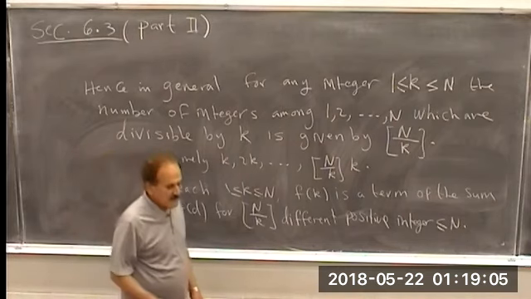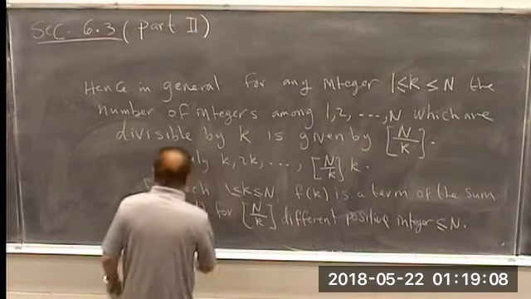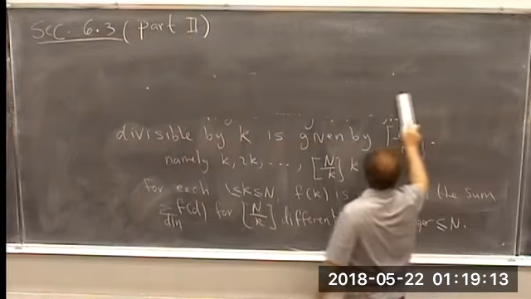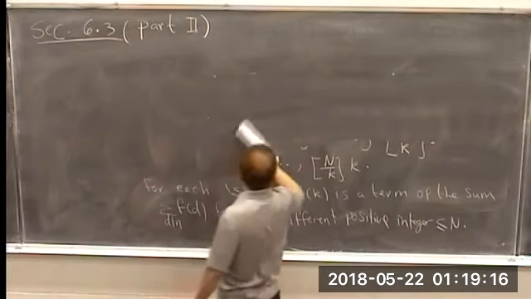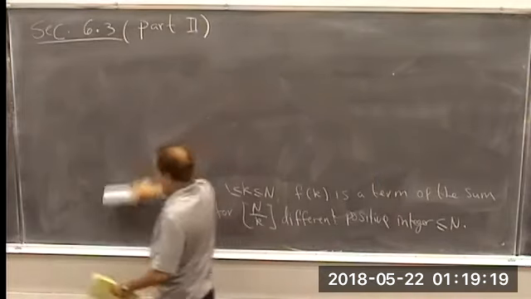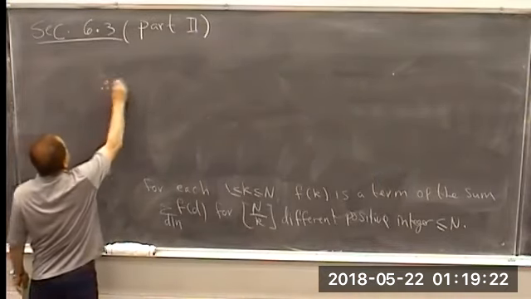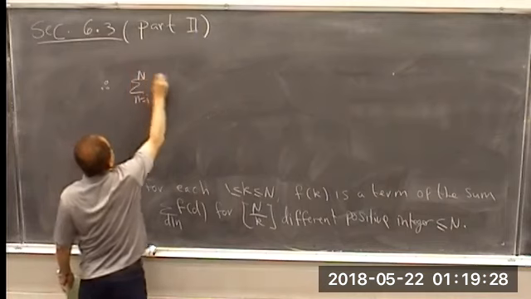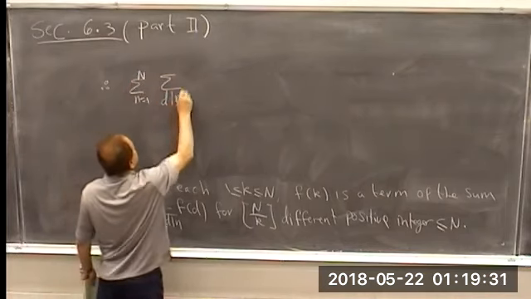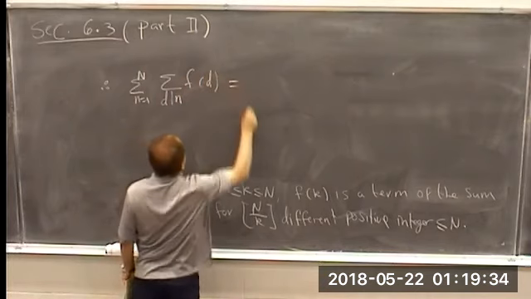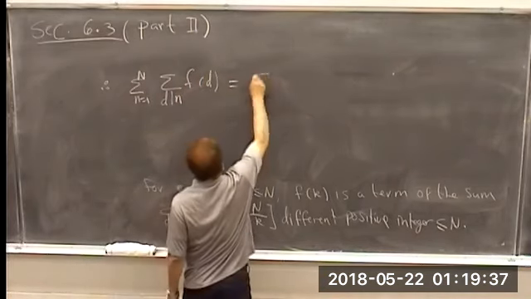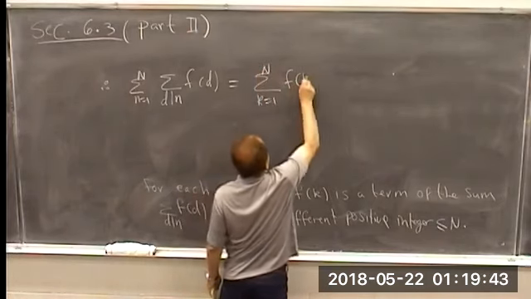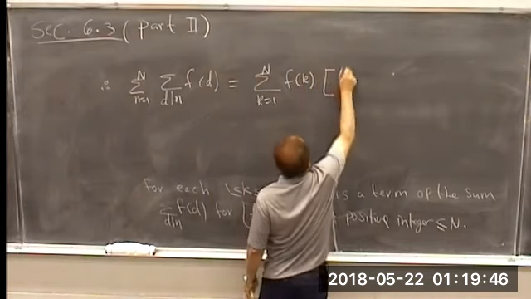Now we put this together, which implies that therefore the sum over n equal 1 to N of the sum over d divides n of f of d would be the same as adding k equal 1 to N of f of k times N over k.